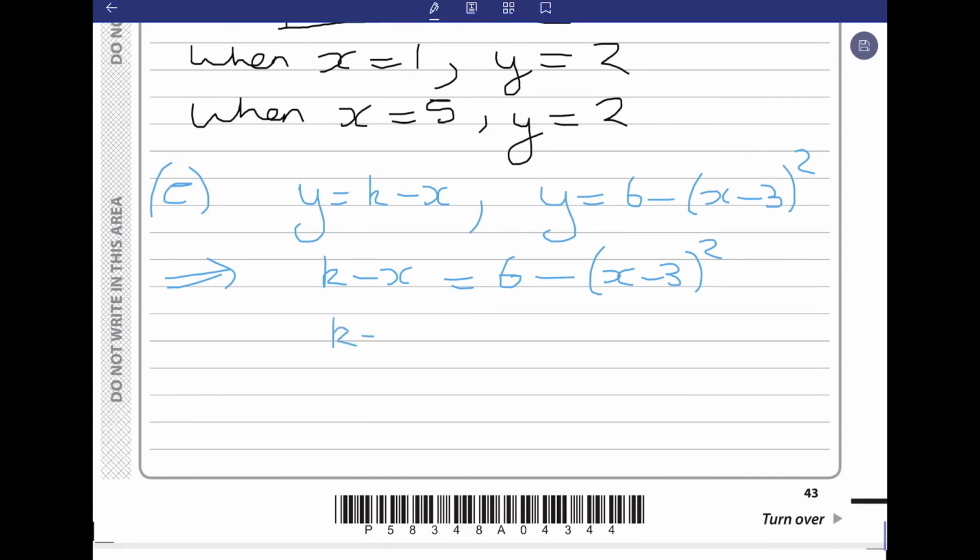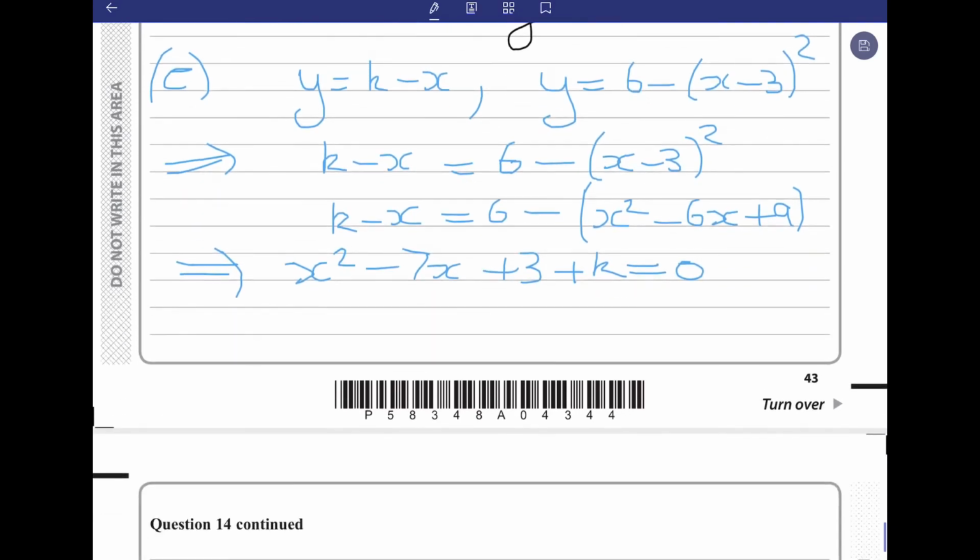Be careful of your brackets here, because this can easily catch you out. And now all we have to do is rearrange. So we get x squared, we have a plus 6x on this side, so take it away, we got another minus x, so we got minus 7x. 6 minus 9 is minus 3, it's plus 3 plus k.